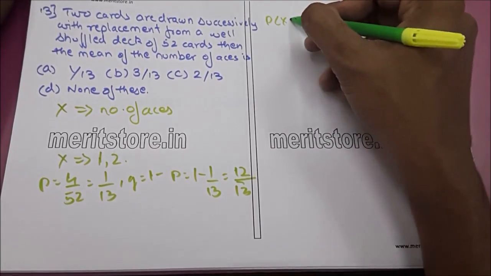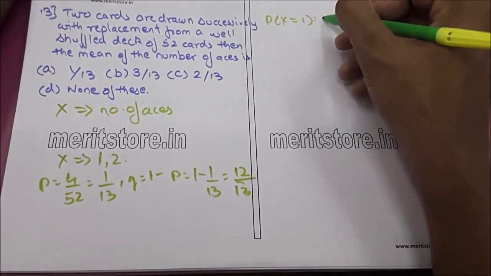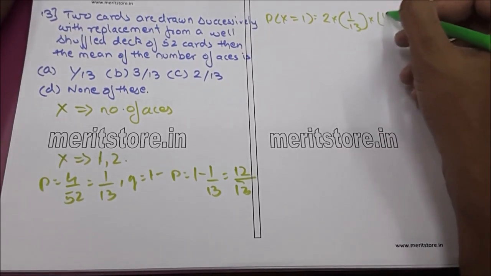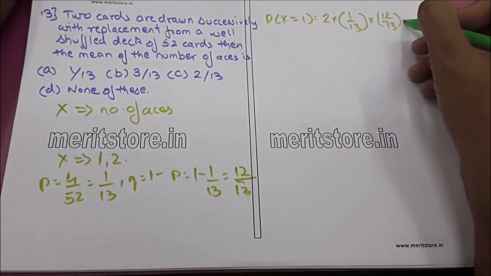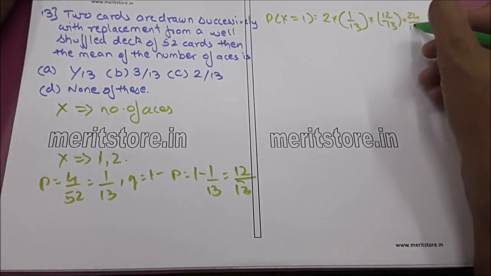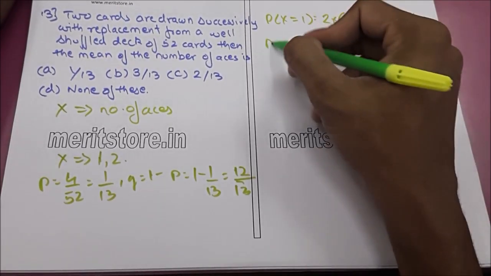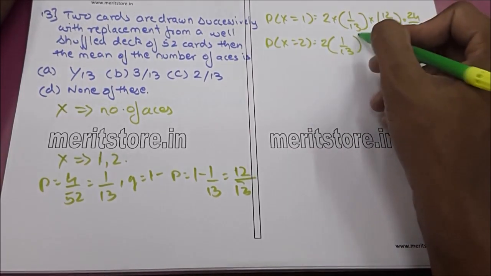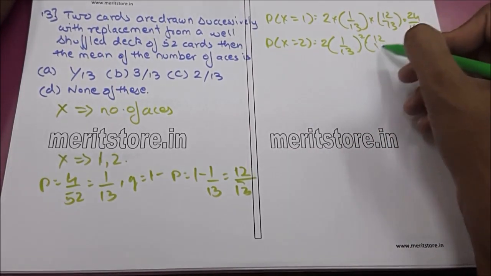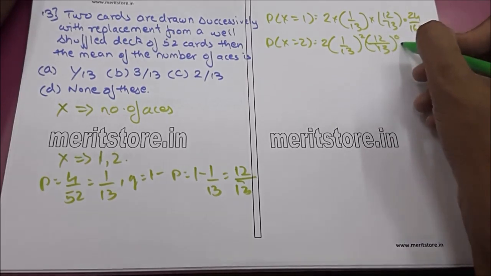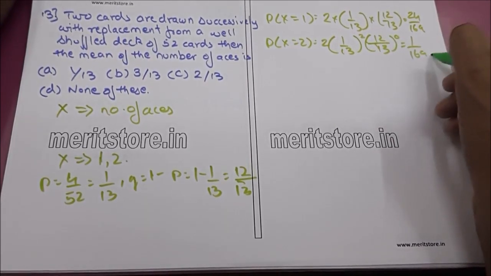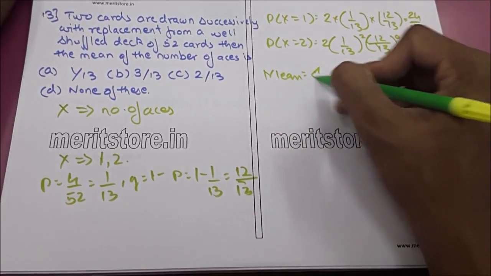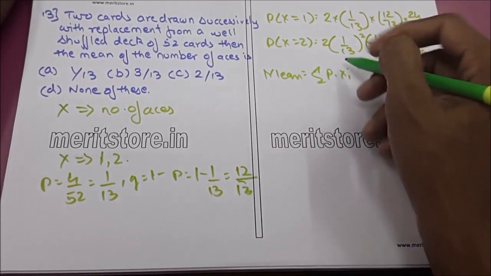For probability of X equal to 1, we get 2 into 1 by 13 into 12 by 13, equal to 24 upon 169. Probability for X equal to 2 is 1 by 13 the whole square, 12 by 13 raised to 0, which is 1 upon 169.